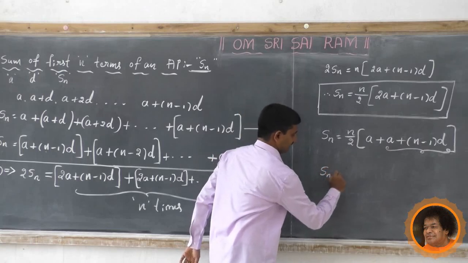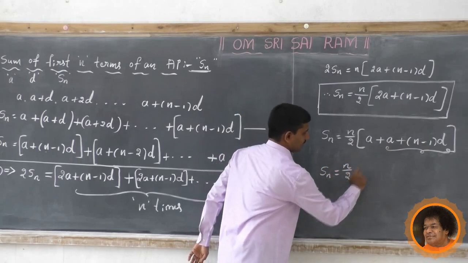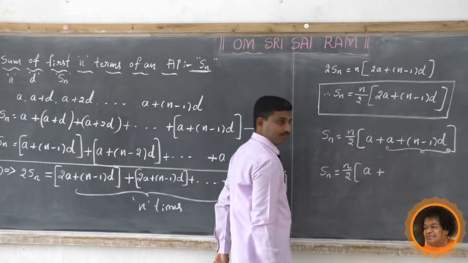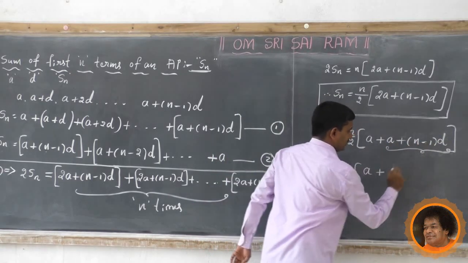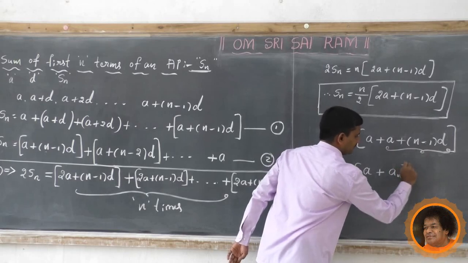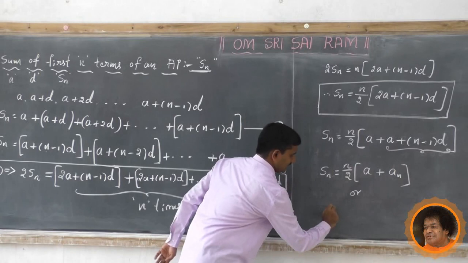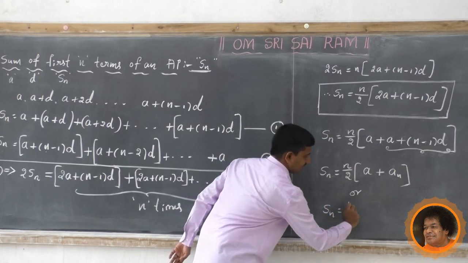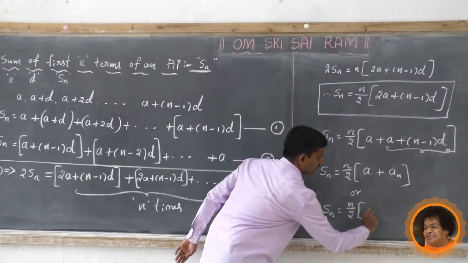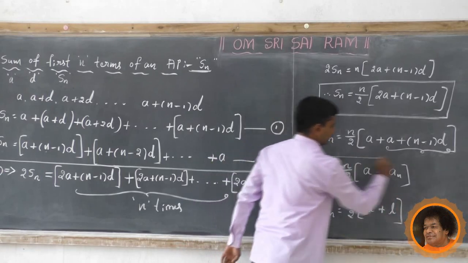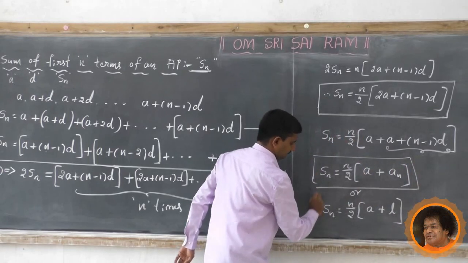So Sn is equal to n by 2 into a plus a + (n - 1) into d, that is an. Or sometimes it is written as Sn is equal to n by 2 into a plus l. So this is also a formula.